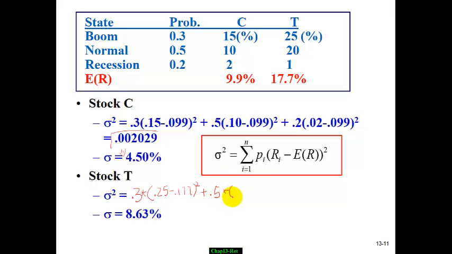Normal economy, 20%. 20% minus 17.7. Lastly, recession, 1% away from 17.7, squared.